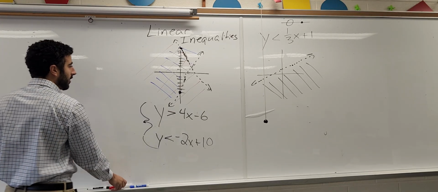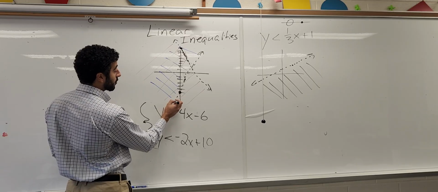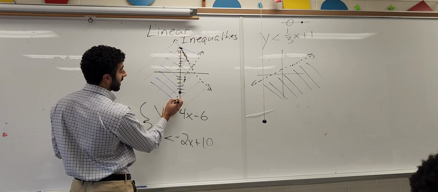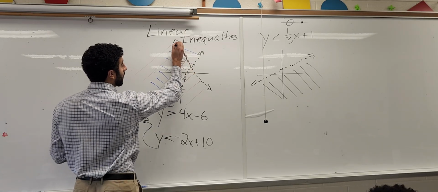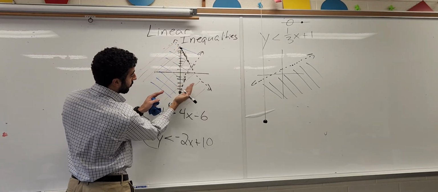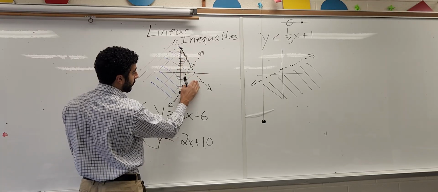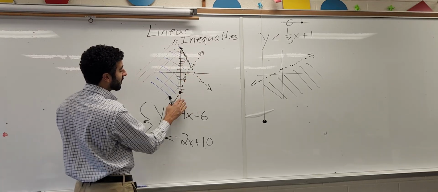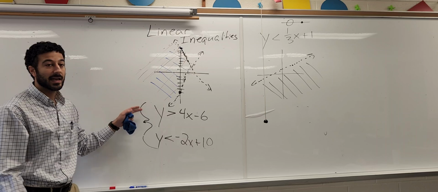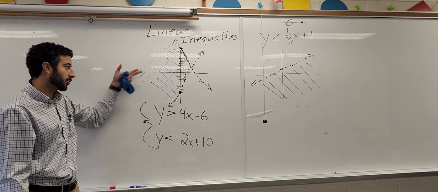That's our solution. On the test, I'm going to ask you to box that region or identify it. This is the region I'm looking for. I don't care about this anymore, that's not in common. And I don't care about that, that's not in common. There's just blue there, and just red down here. I want the blue-red region, because that's how I show the solution for that system of linear inequalities.